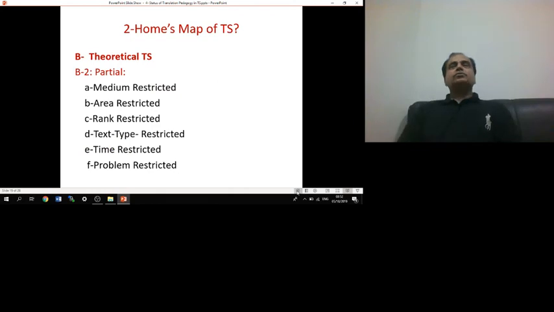Okay, now come to, I think, the biggest part of this map: the six categories of partial theories of translation studies. We have medium restricted partial theories, area restricted partial theories, rank restricted partial theories, text type restricted partial theories, time restricted partial theories, and problem restricted partial theories of translation studies. Why am I using the word partial?